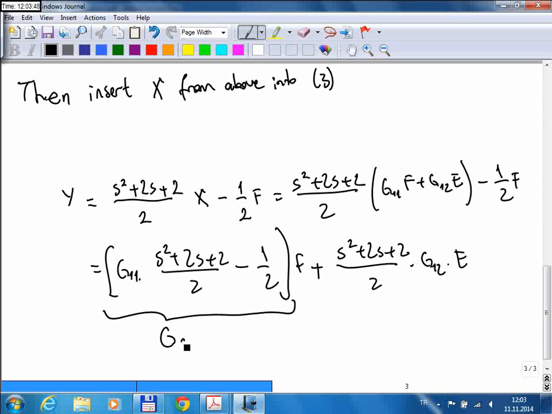So this is my G21, G22. It's just simple algebraic manipulations, but you should be aware of what you're doing really.